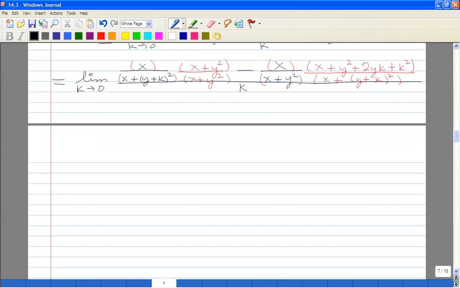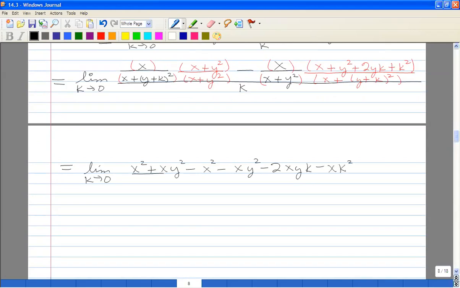And so this is equal to the limit as k goes to 0 of x squared plus xy squared minus x squared minus xy squared minus 2xyk minus xk squared over x plus y plus k squared, x plus y squared, again dividing by k is multiplying by its reciprocal, 1 over k.